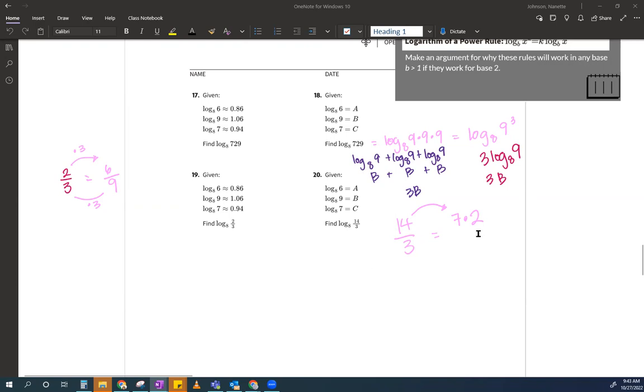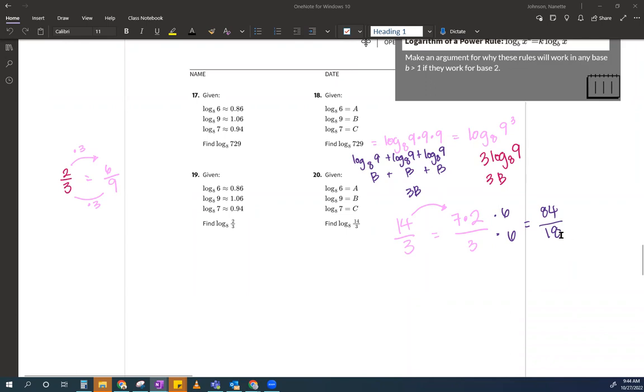Let me see if I multiply both the top and the bottom by 6 and see what I get. If I multiply the top by 6, I get 12 times 7, which is 84. And then the bottom would be 18. And I don't like that, because it's still that 2. It's this 2 that's really bugging me.